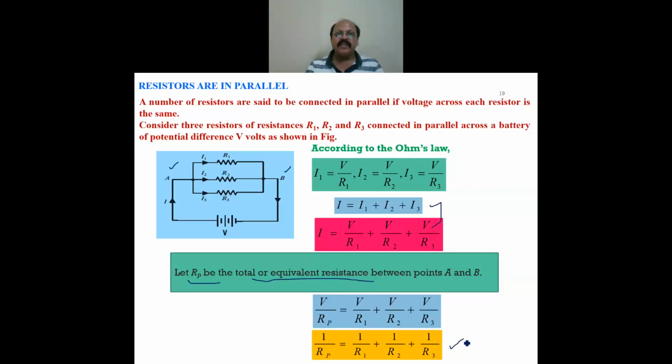In case of resistors in parallel, potential remains constant, voltage remains same, and in case of capacitors in parallel, also the voltage remains same. But the formulas are totally different. They are opposite. So don't get confused.